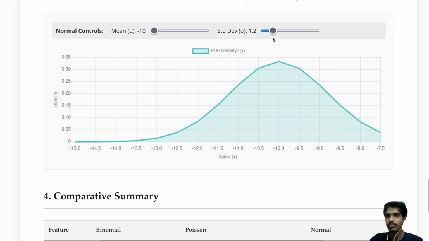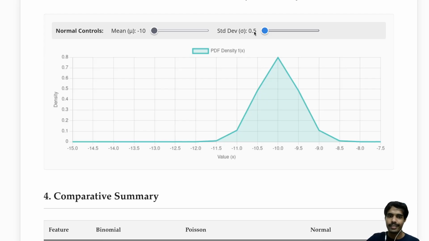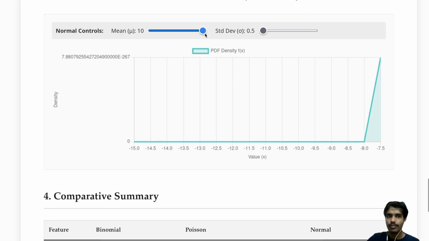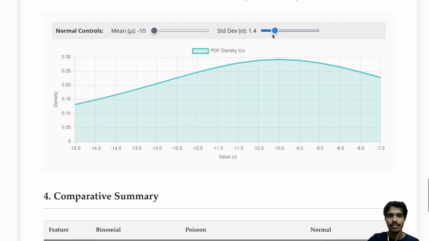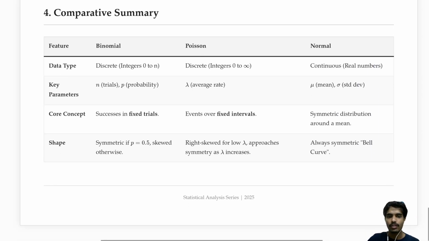Increasing the standard deviation means you are giving more space to spread out, so it will have more width, and if you decrease it, the width will also decrease. And if you increase the mu, it will shift to the right, and if it is less, it will shift to the left. So this was a visualization of the normal distribution.